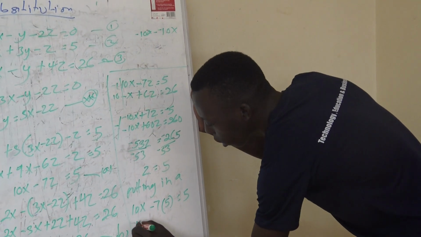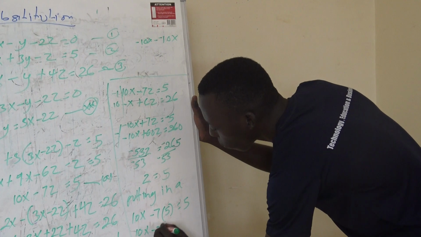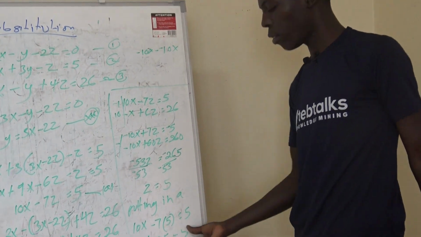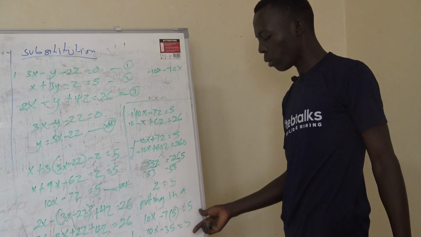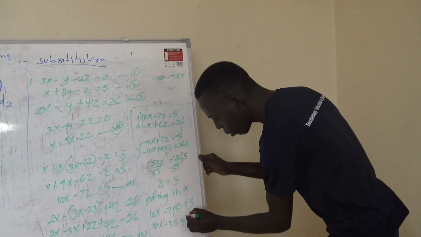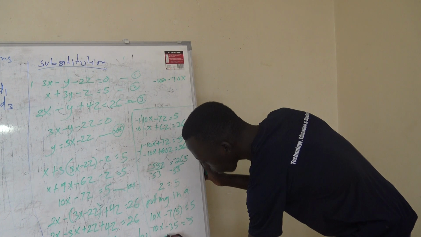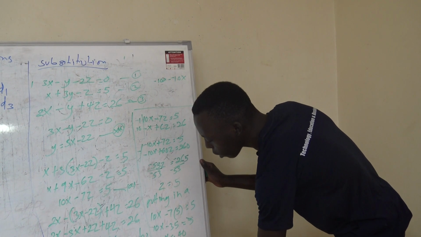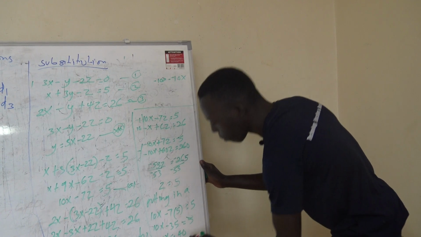So this will become 10x minus 35 equals 5. Taking the negative 35 to the other side to become positive, our 10x becomes 40. Divide both sides by 10, that means x is 4.